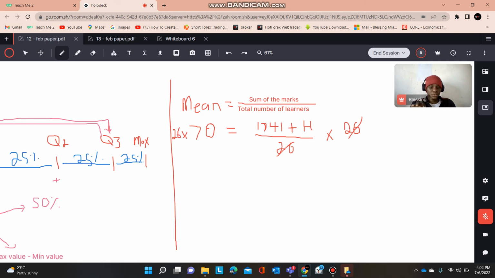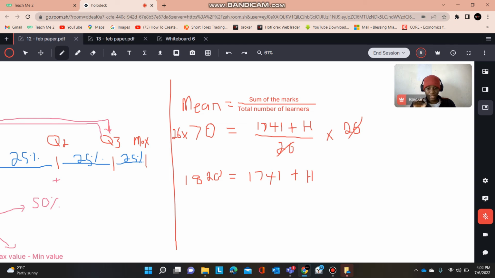And if you say 26 times 70, you get 1,820, and equals to, and then this side, since this 26 is cancelled by this 26, you're only left with 1741 plus H, right? Simple mathematics.